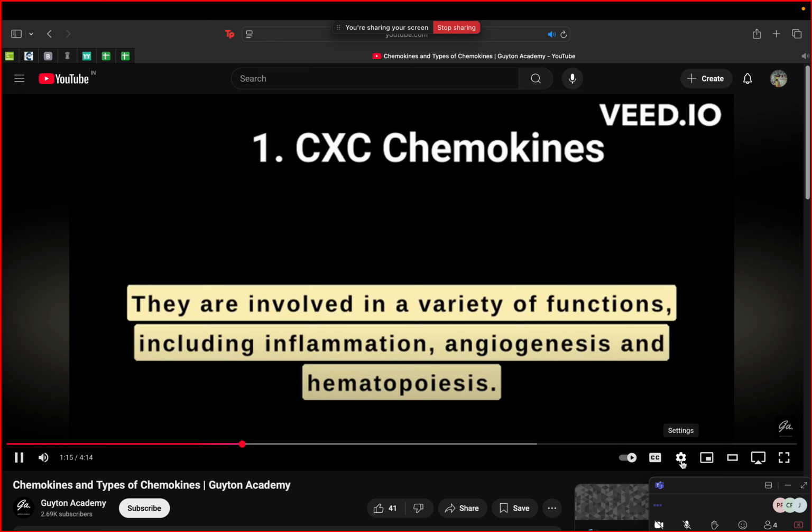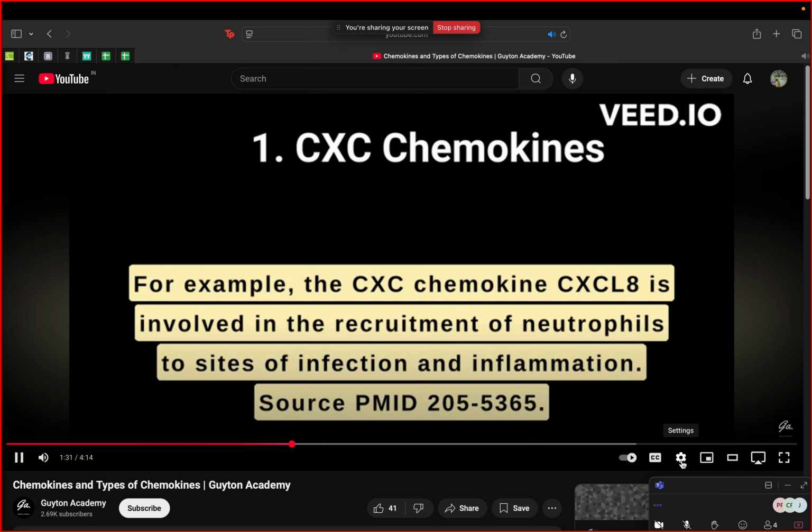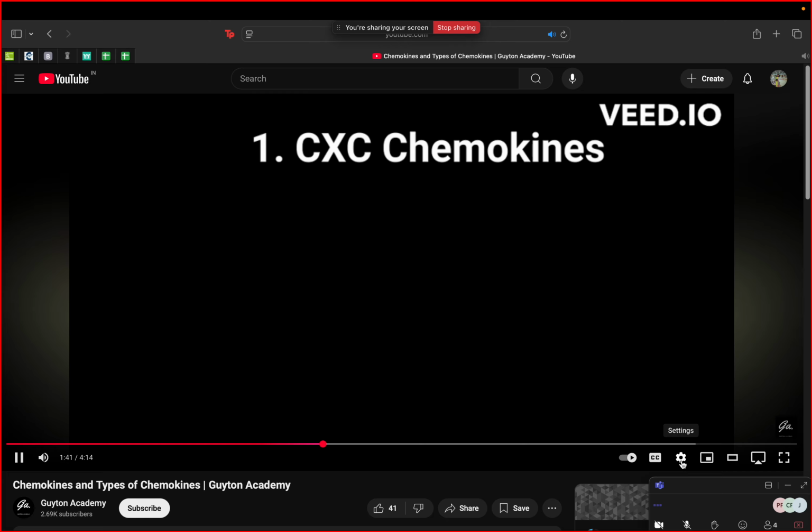1. CXC chemokines. They are involved in a variety of functions, including inflammation, angiogenesis, and hematopoiesis. CXC chemokines are involved in attracting neutrophils, lymphocytes, and dendritic cells. For example, the CXC chemokine CXCL8 is involved in the recruitment of neutrophils to sites of infection and inflammation. Source: PMID 20553655.